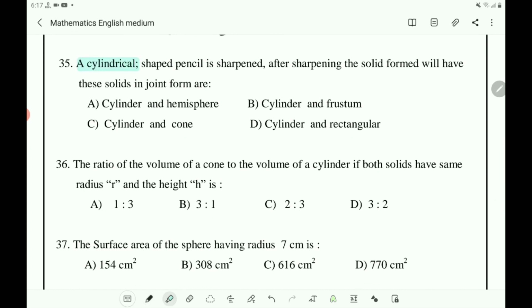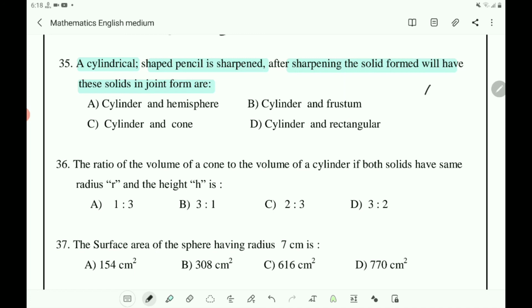A cylindrical shaped pencil is sharpened. After sharpening, the solid formed will have these solids in joint form? You know that first of all, originally the pencil is in the form of cylinder, and if it is sharpened, the upper portion becomes the conical portion.